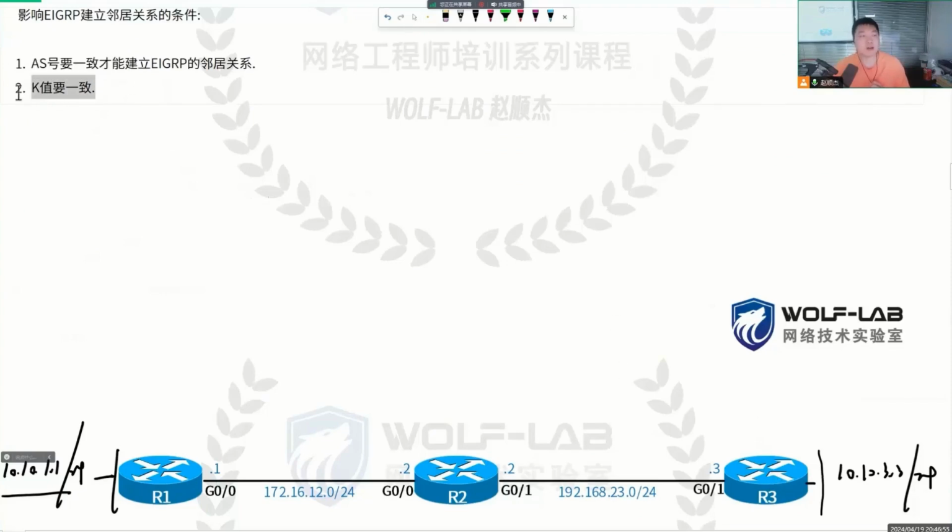Students, the hello packet contains the K values of our two routers. They must be exactly the same to be able to establish an EIGRP neighbor relationship. You can understand K values as the calculation method of the two routers for routing entries.